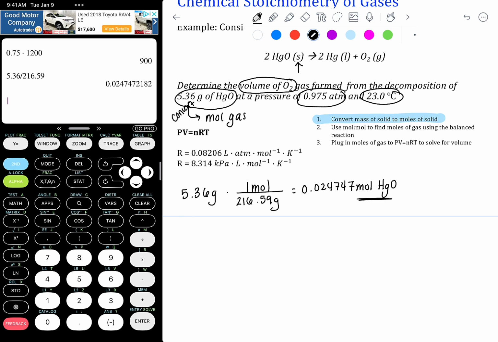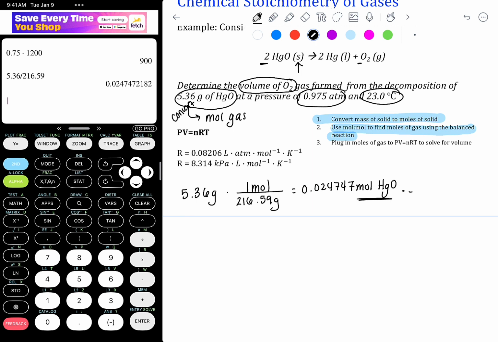The only thing that I can plug into PV equals nRT is the mole value of a gas. So what we have to do next is use our mole-to-mole ratio to find moles of gas using the balanced reaction. So from my balanced reaction, for every 2 moles of mercury oxide that I react, I get out 1 mole of oxygen gas.